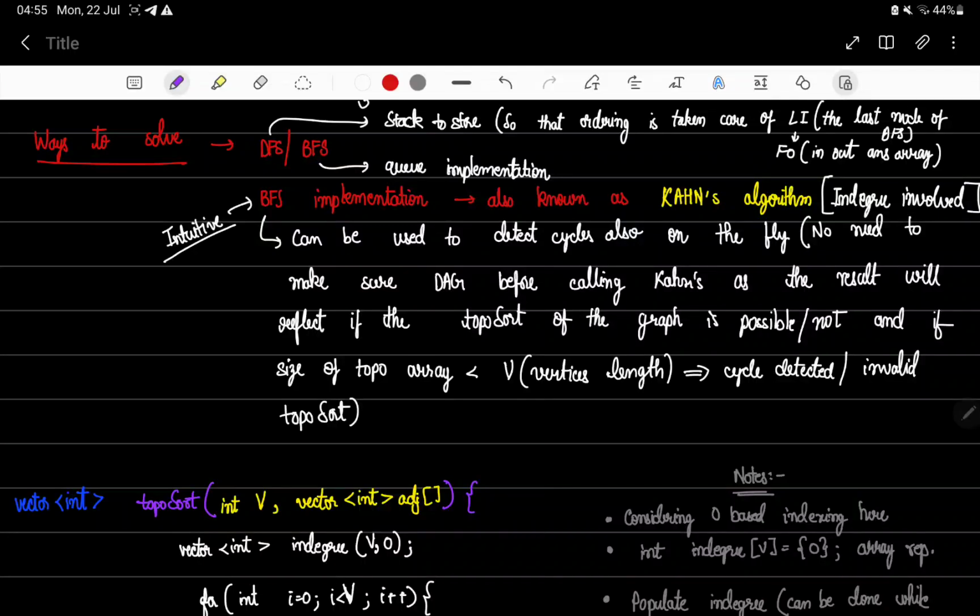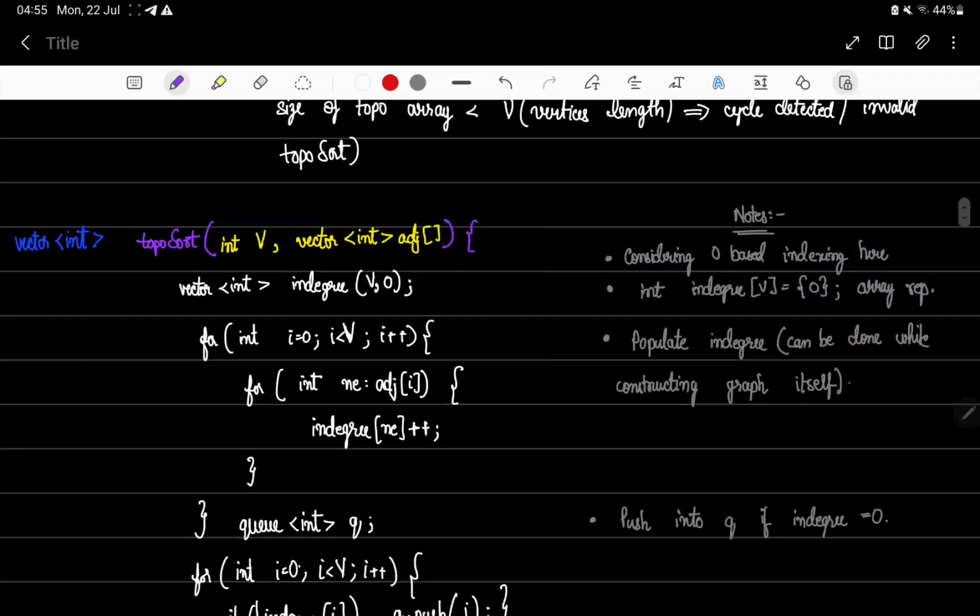So in our linear ordering also, all the nodes of the graph should be present. If they are not present, we can just say that it is not a valid topological sort. So only one case arises where there cannot be a valid topological sort: if it is not a directed acyclic graph, which means that there is some cycle 100% present in that graph. Now this was the thing.